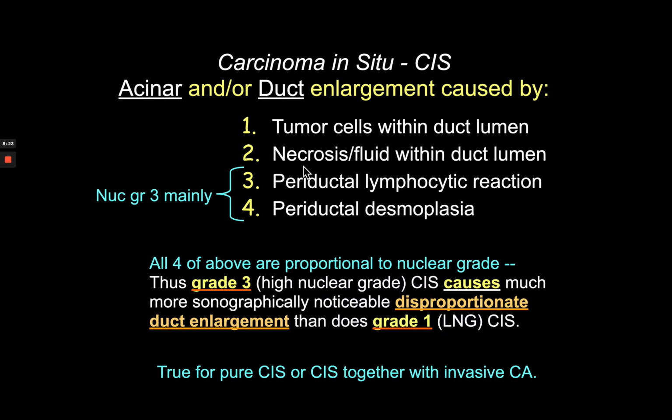But when it's a DAB or a DCIS arising in the major ducts, there can also be periductal lymphocytic reaction and periductal desmoplasia to contribute. So when we have all 4 components contributing, we tend to have much larger ducts than when we have only the first 2. And so basically, neoducts in DAB are going to tend to be pretty large. Native ducts involved are going to be pretty large. But acini that are involved are going to be smaller because they're only going to have components 1 and 2.